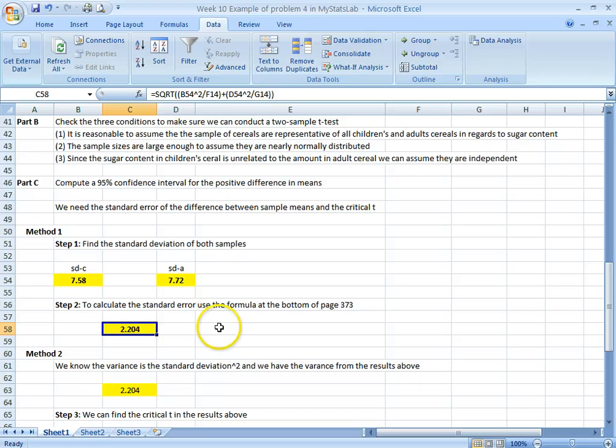We can do this and we come up with 2.204.